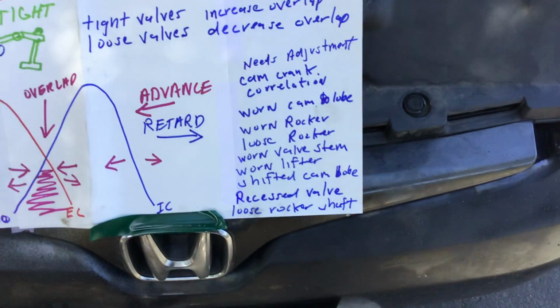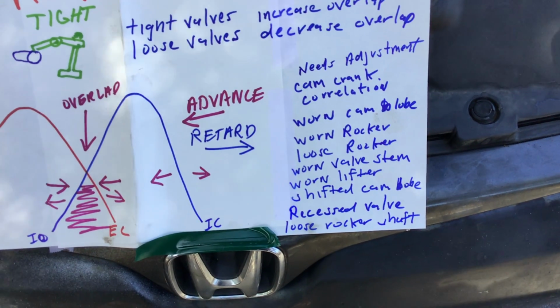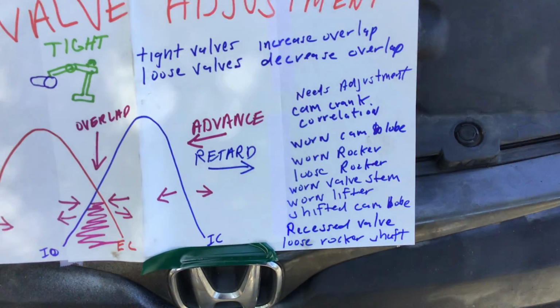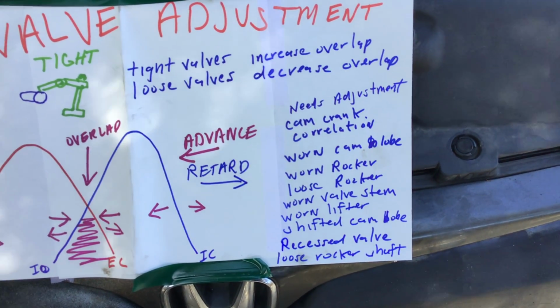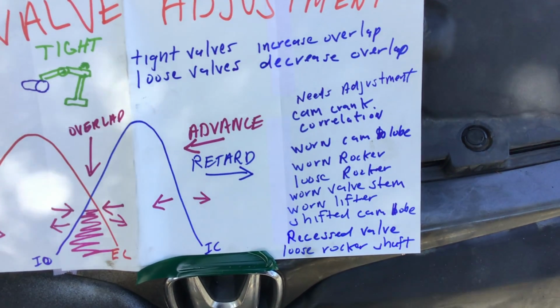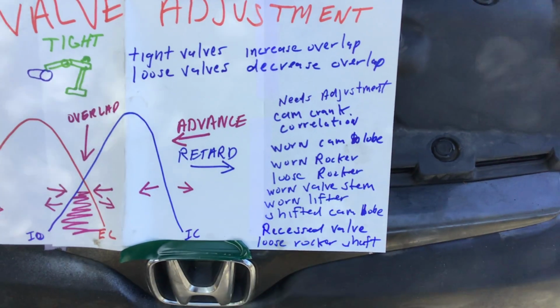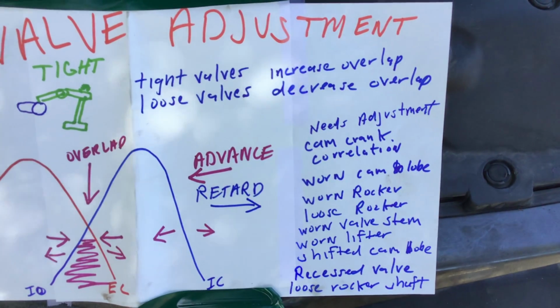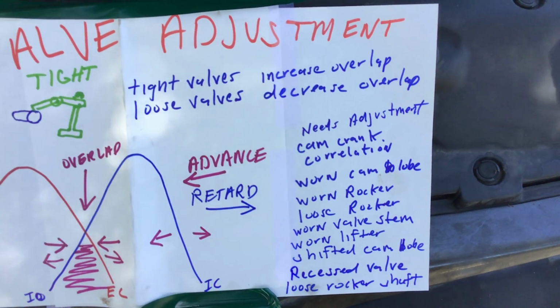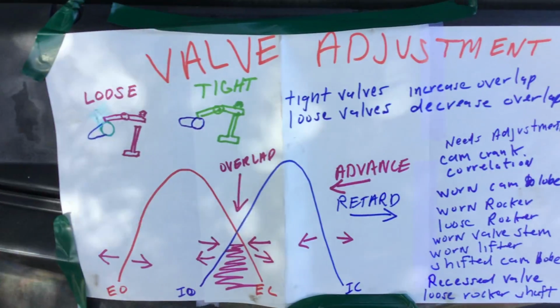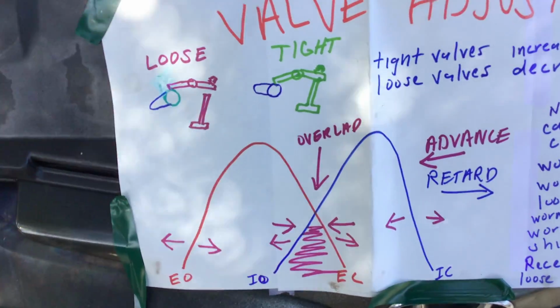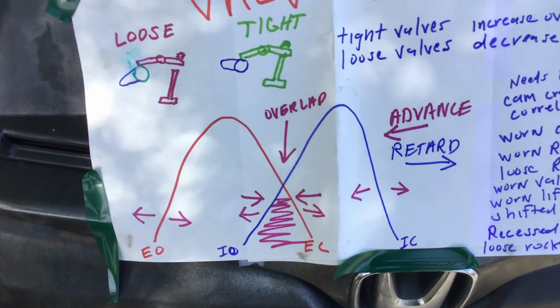If a cam lobe walks on a camshaft, that can happen. Recessed valves, loose rockers. You could probably add to this list. Also don't discount the wrong parts. I've seen where somebody Frankensteins a push rod, and it's a 32nd of an inch short, and that will really cause a scenario.